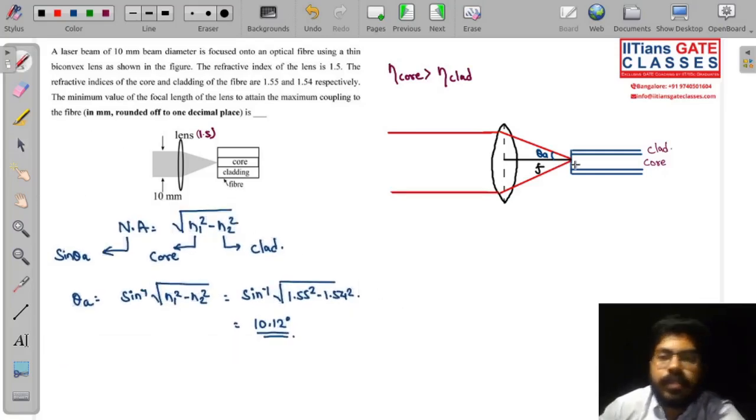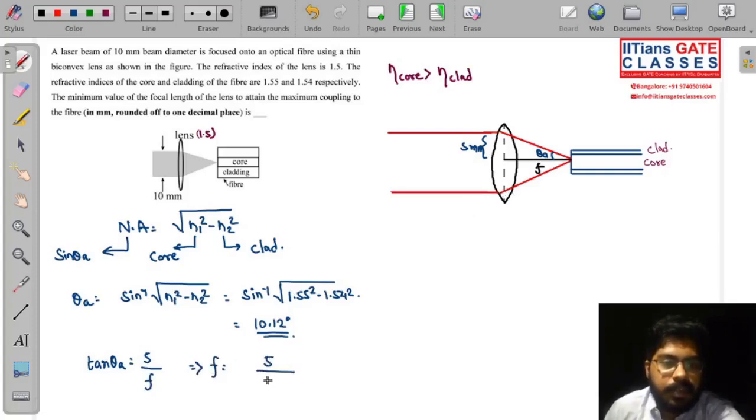Now from the basics of trigonometry we have to find this distance f. They have given this as 10 mm, so this means half of it will be 5 mm. So tan theta a is equal to 5 mm divided by f, which implies f is equal to 5 divided by tan theta a.